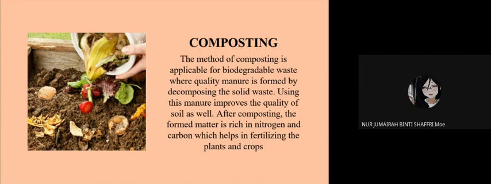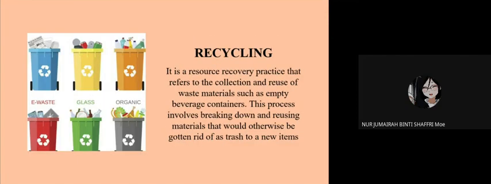So for composting, as we all know, this method is applicable for biodegradable waste, where quality manure is formed by decomposing the solid waste. Using this manure improves the quality of soil as well, which means we can replace the fertilizer using this compost from our house.